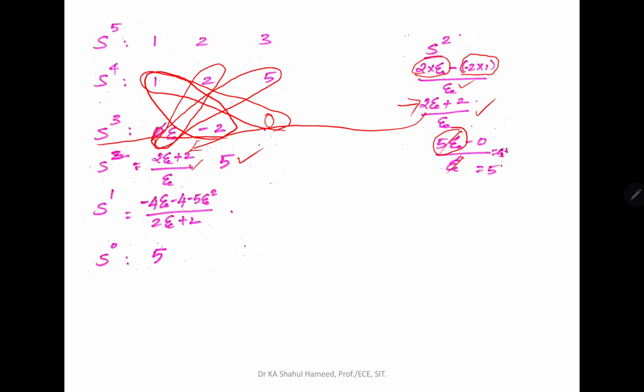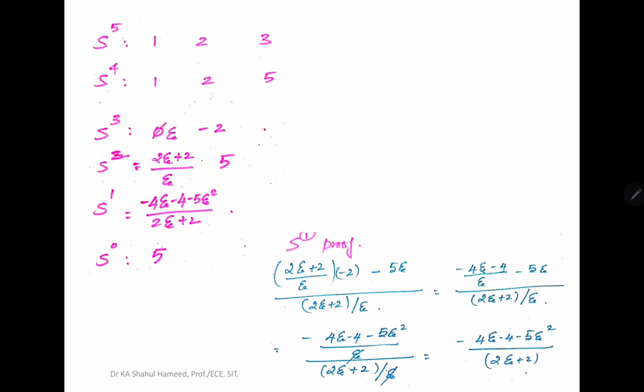Now we have to form the next row, that is s^1. The same thing: we multiply these two things first, minus these two things.